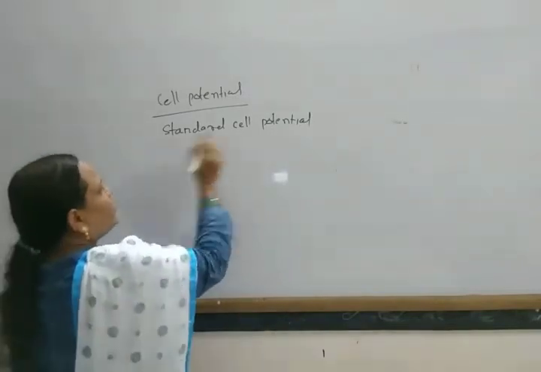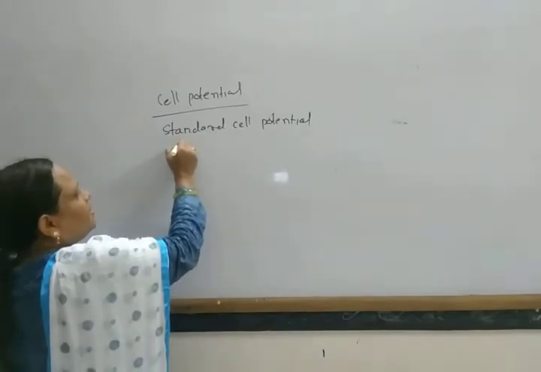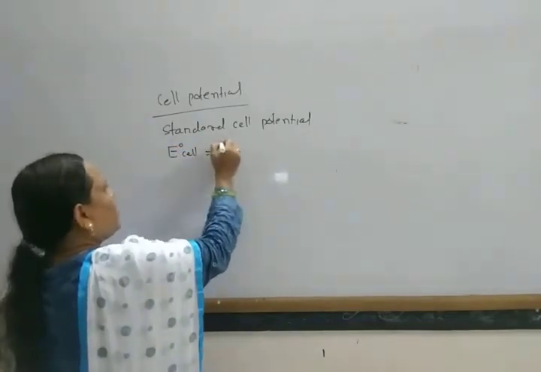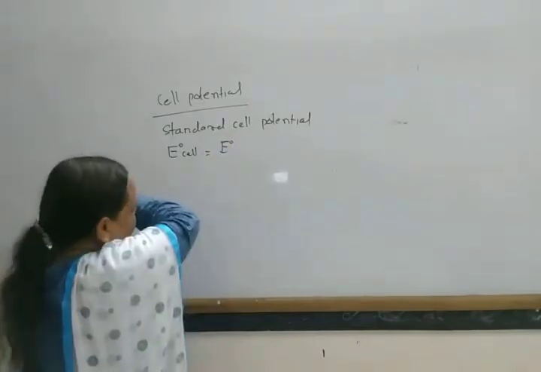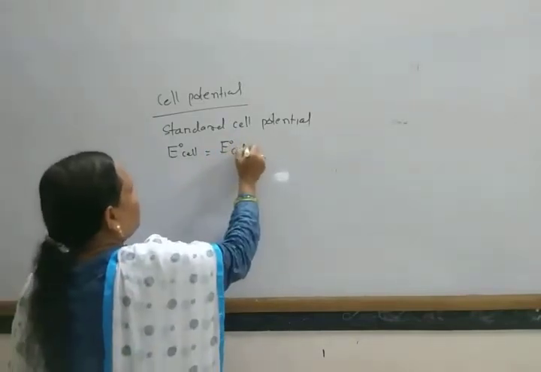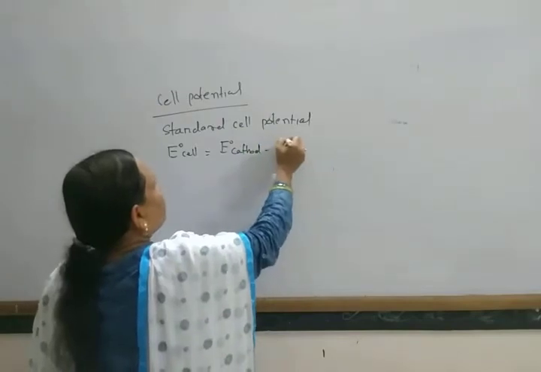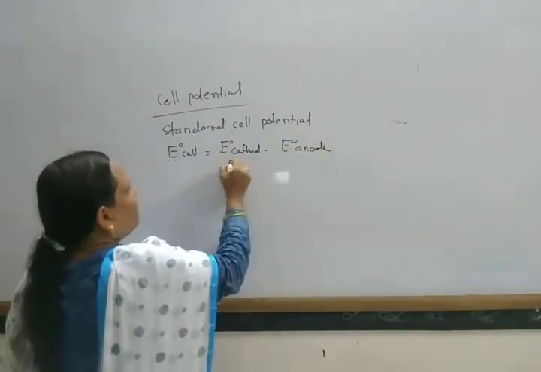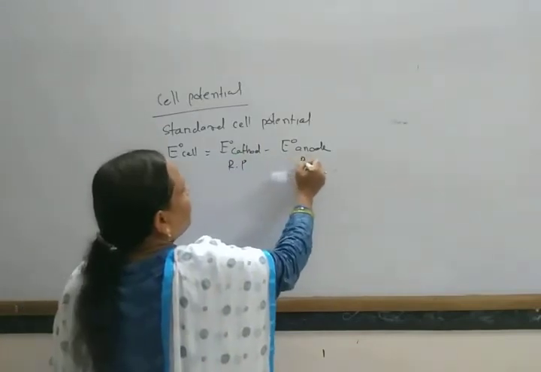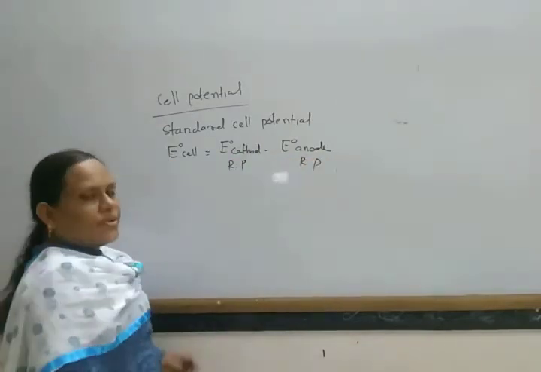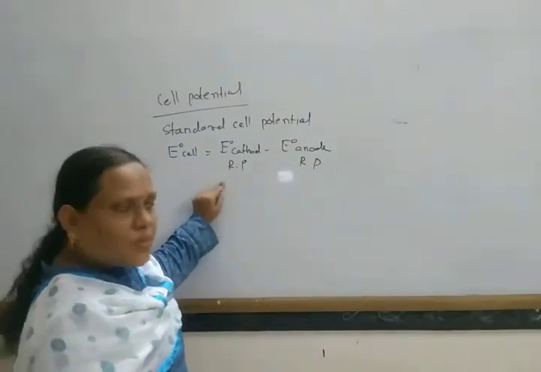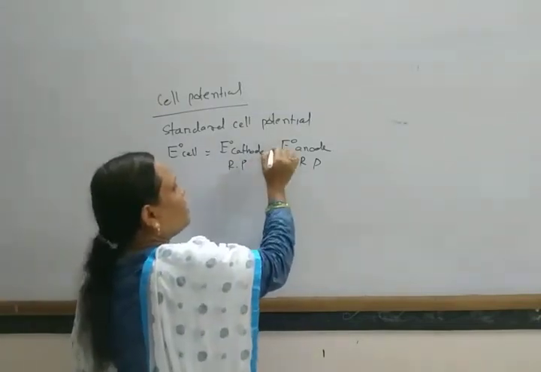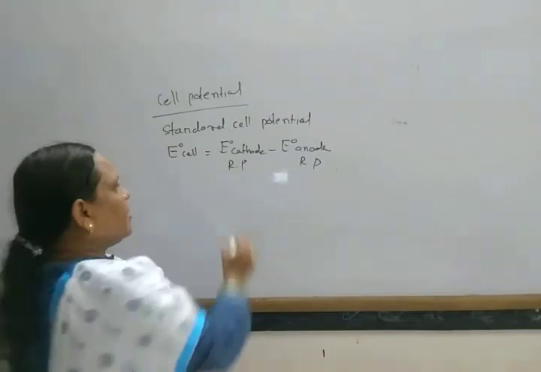Standard cell potential is represented as E naught cell. This is equal to E naught cathode minus E naught anode in terms of reduction potential. So if you take the reduction potential terms, then cathode minus anode represents the E cell.